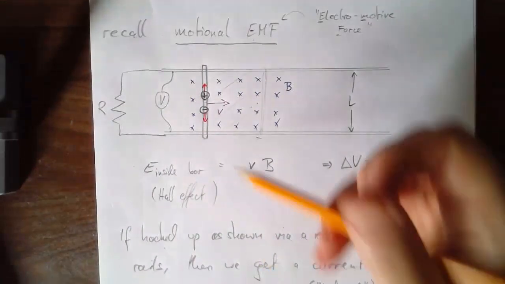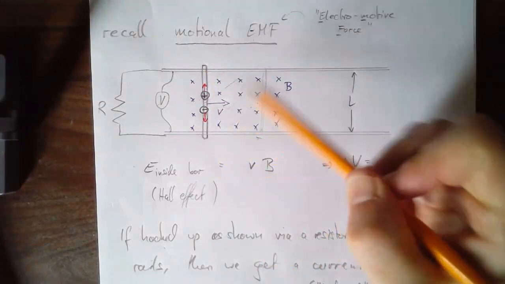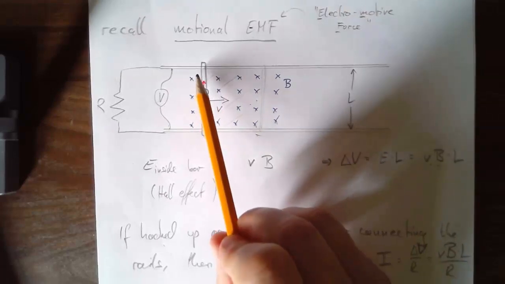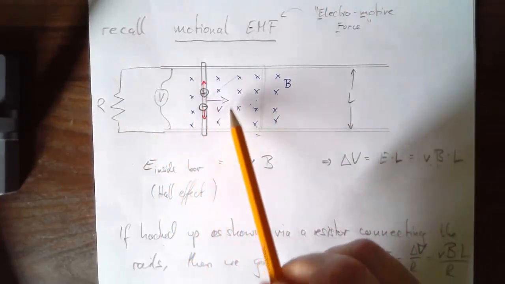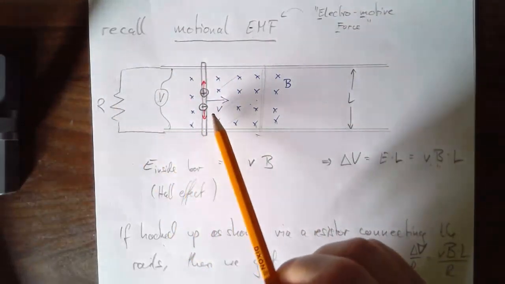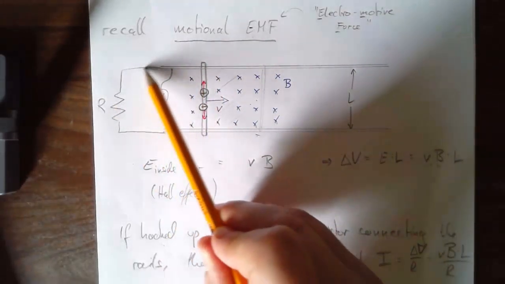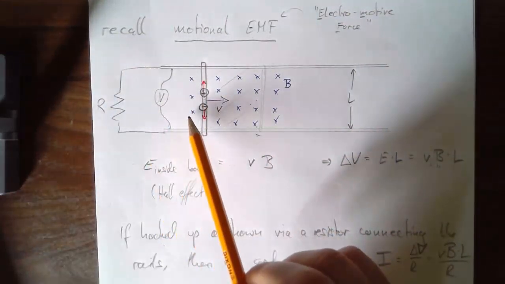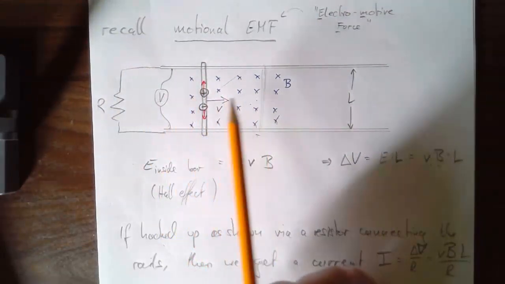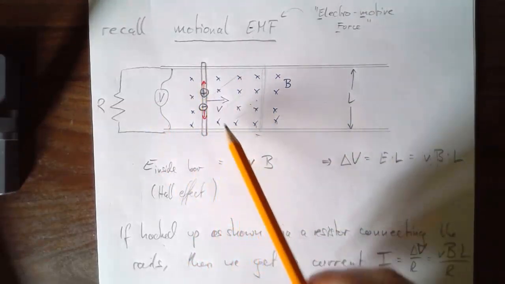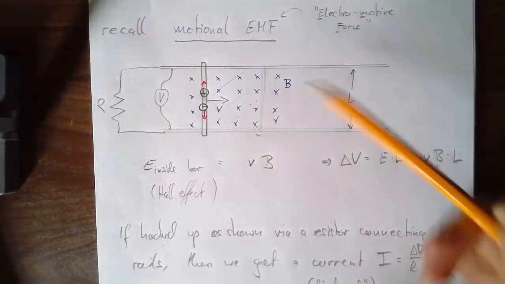Another way I could characterize this is as the amount by which the area of the circuit increases. I could imagine I take the inside of this circuit, this loop, to be an area, and this area increases by an amount every second. It's v times L.